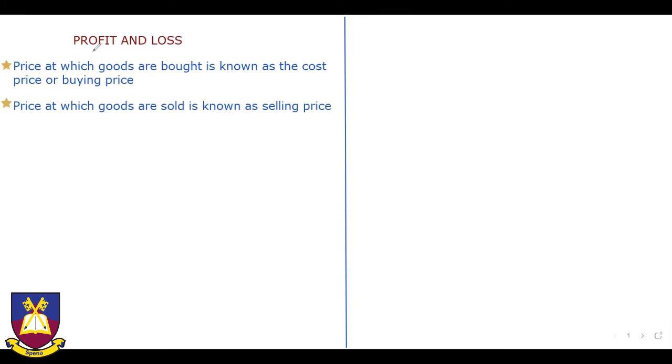So a profit is made when the selling price is higher than the buying price. Likewise, when a trader sells a commodity at a price lower than the one he bought it, then a loss is made. So a loss is made when the selling price is lower than the buying price.